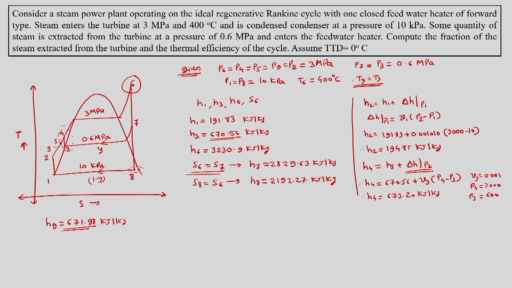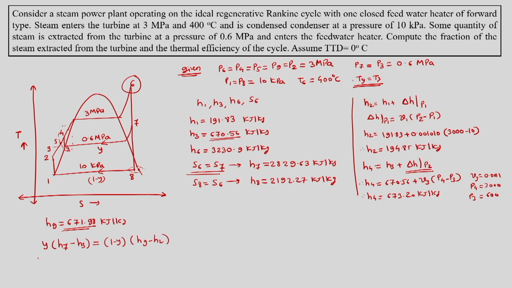So, knowing this, now we can find out the mass fraction extracted. Here we know what is happening: Y amount of mass is losing its enthalpy from H7 to H3 and giving it to 1 minus Y unit of mass to gain its enthalpy from H2 to H9.